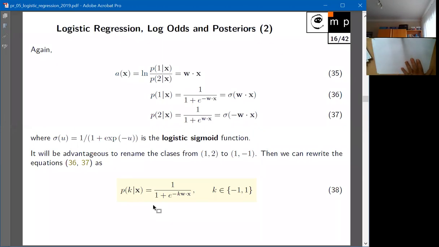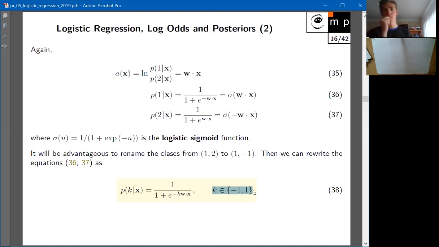And just a small simplification: we'll see that P1 given x and P2 given x have almost the same form, up to this sign here. So we can express equations 36 and 37 as one, very compactly, and this will come in handy, if we just rename the classes to minus and plus 1.